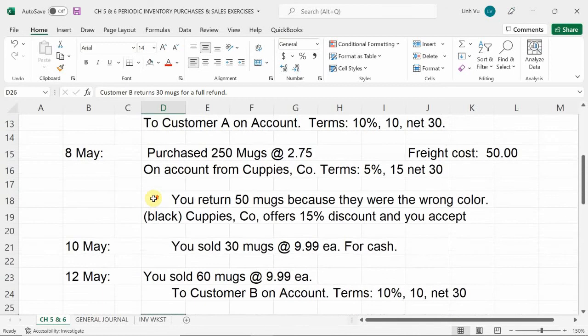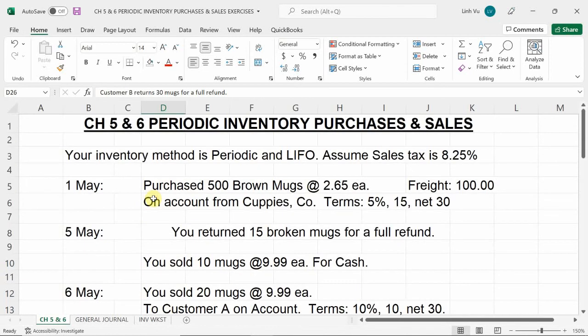Now let's clarify here, where we need to make sure, did we meet the discount due dates? Let's take a look at my very first batch of inventory that I purchased. I was given 15 days to pay to receive the discount.